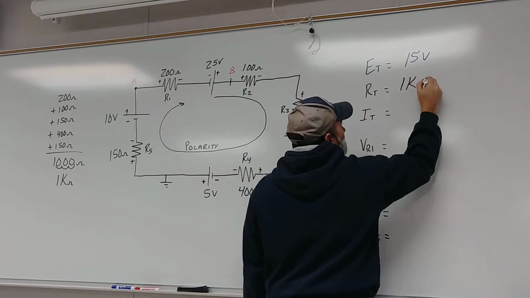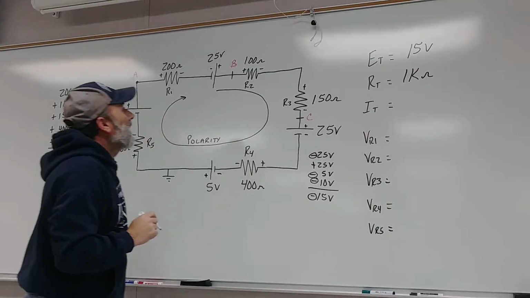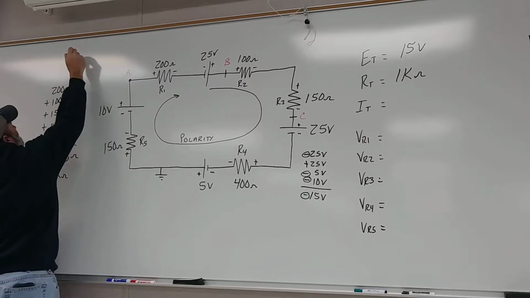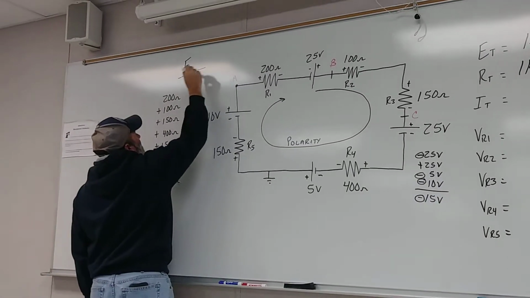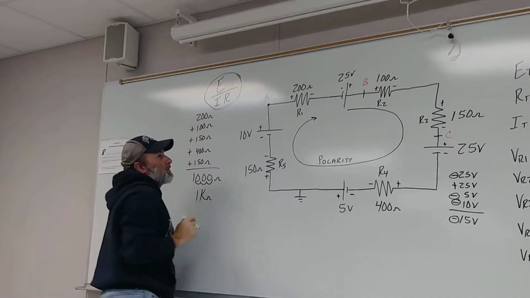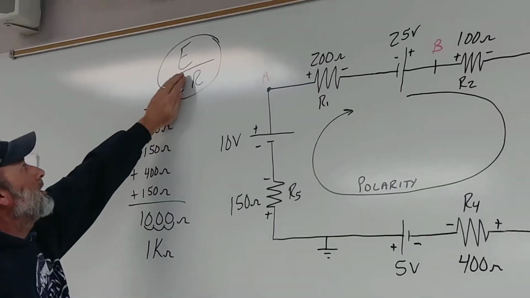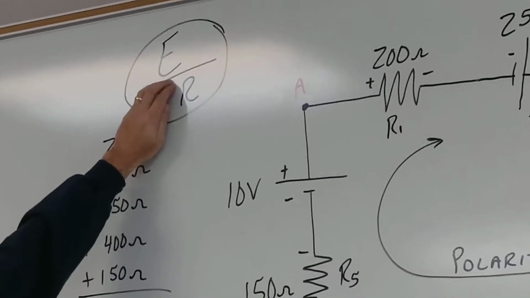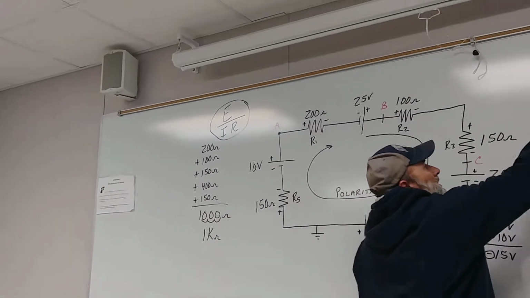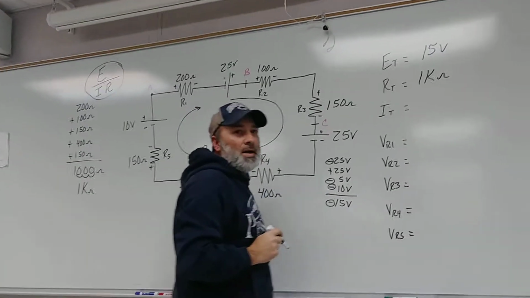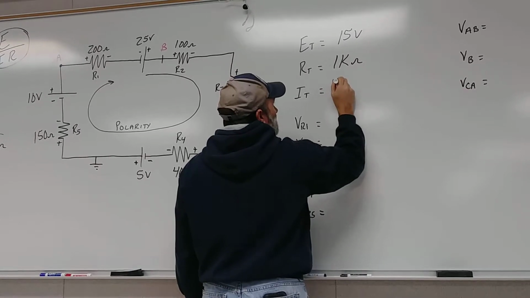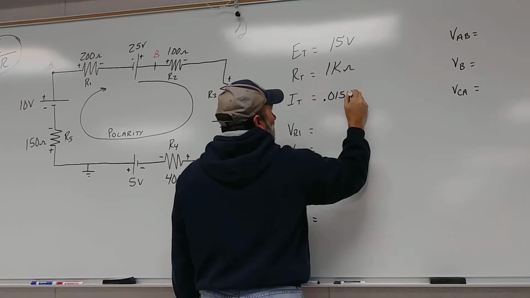1 k ohms. Now, how do we find our I total? Well, we use our nice little cheat sheet, Ohm's law, E over I R. We want I, we cover up the I, it's E divided by R. So we take 15 volts, we divide it by 1 k ohm, and when we do that in our calculator, we're going to get 0.015 amps.